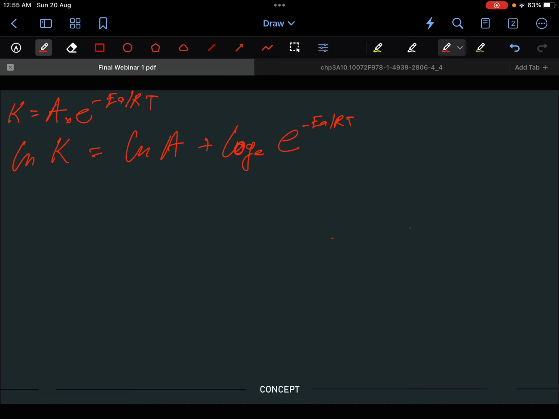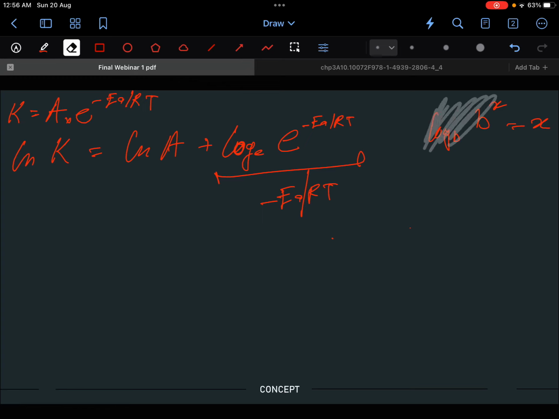What will be the value of this? It will be directly minus Ea by RT. We know that log of base b of b to the power x is equal to x only. We know this property by now, or even if you don't remember, just go to the third or fourth slide, the logarithmic slide, and you can find it there.